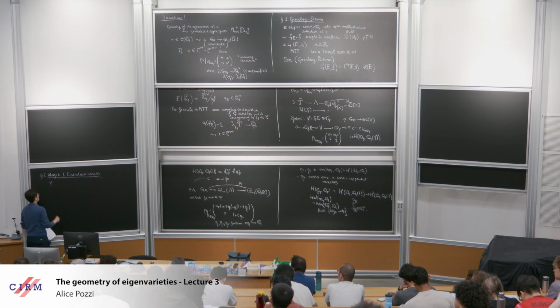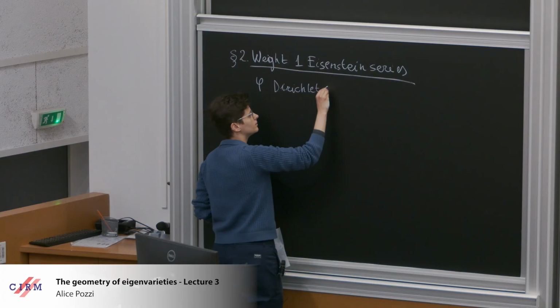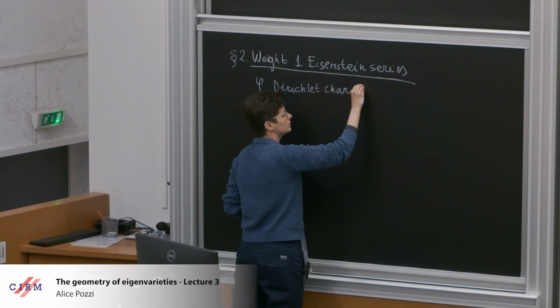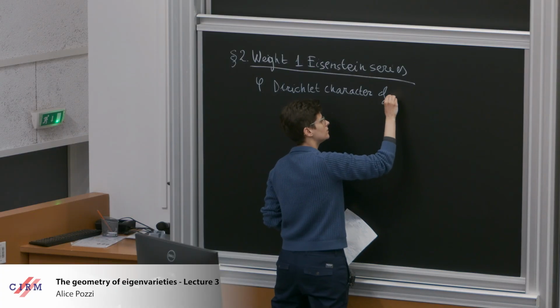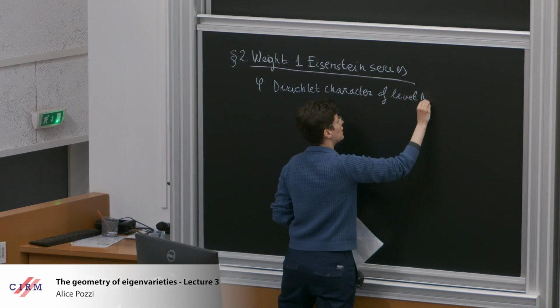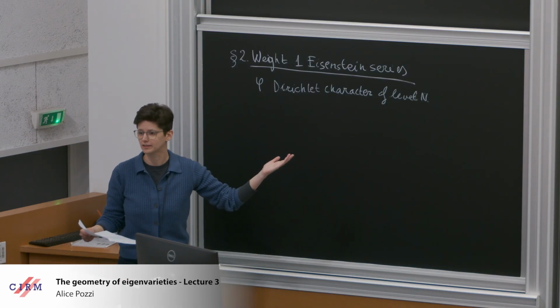So let me start by fixing phi, a Dirichlet character of level n. I'm going to view this both as a Dirichlet character and as a Galois character.